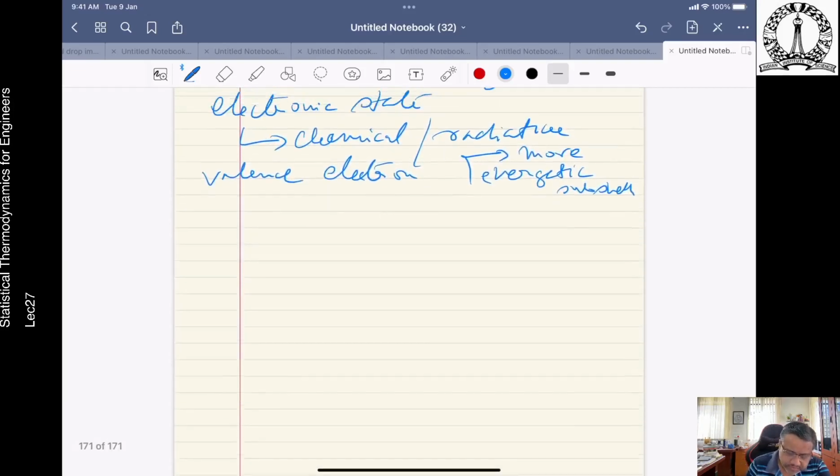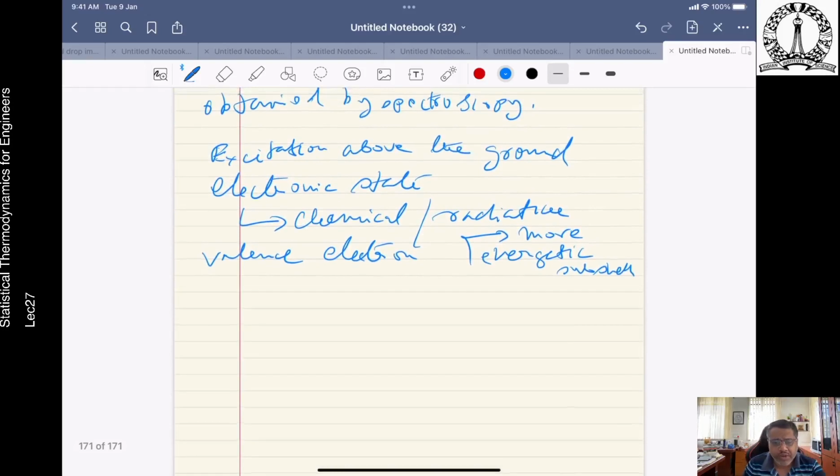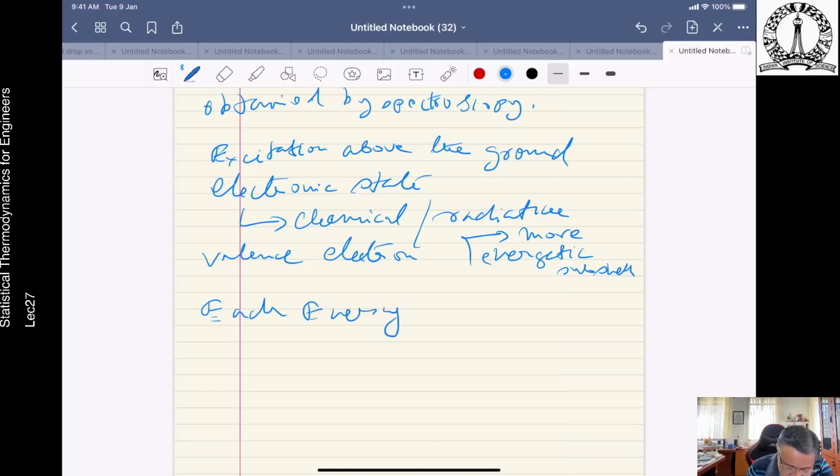Now we already know that each energy level is designated by the configuration part, designated by n, l, etc. This is the atomic configuration. That's why we know the 2s2, 2p6 and stuff like that.